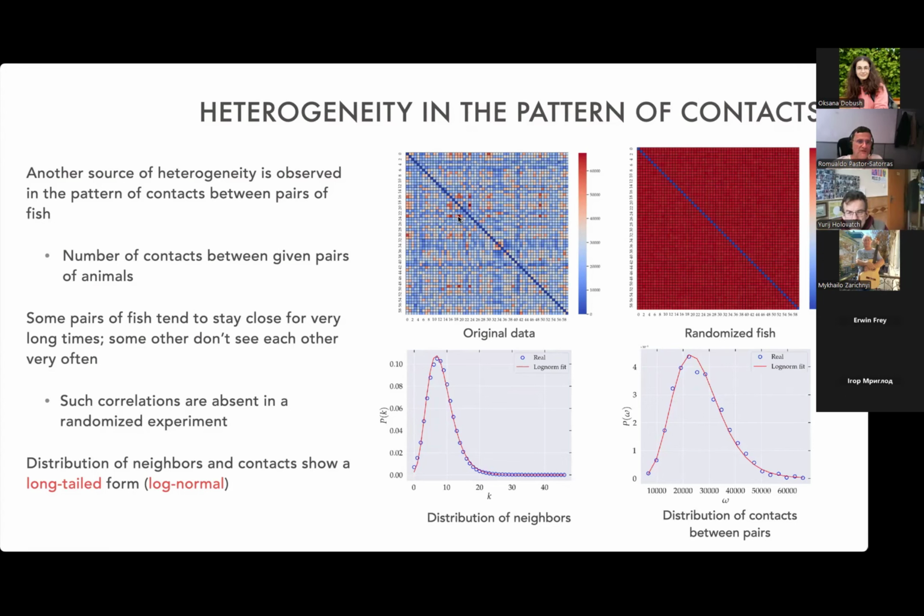There are pairs of fish, like these ones, that have a very large tendency to swim together, and there are others, like these blue ones, that have a very small tendency. If you measure the distribution of the number of contacts between pairs, you get this plot that can also be fitted to a long-tailed log normal distribution.